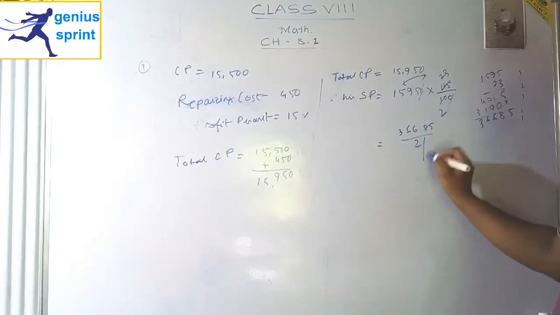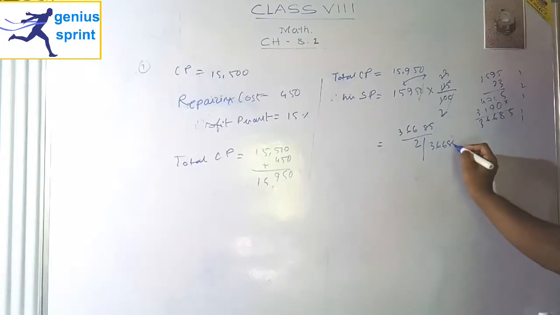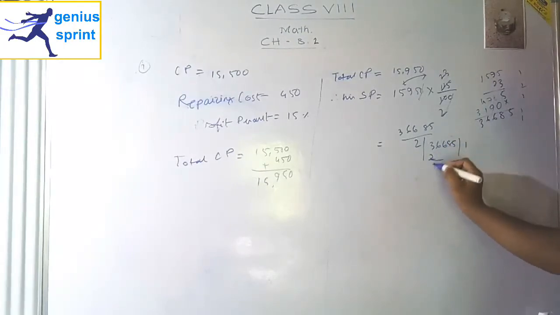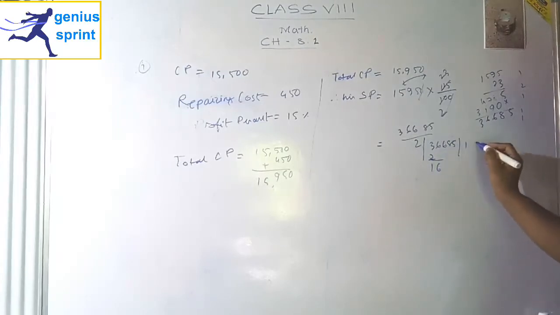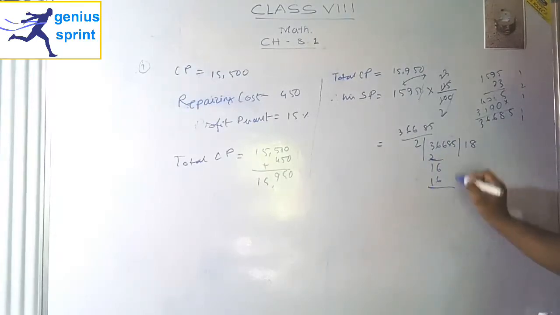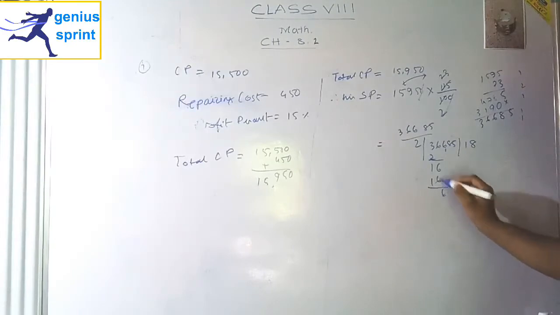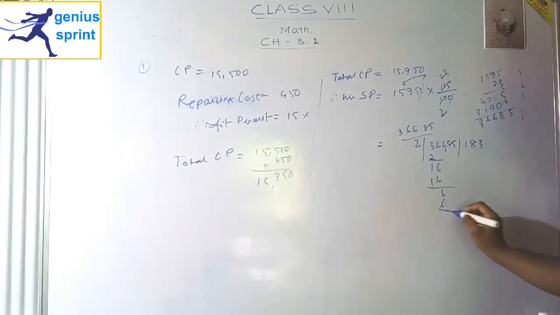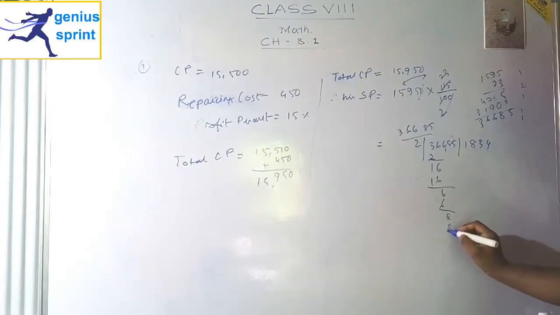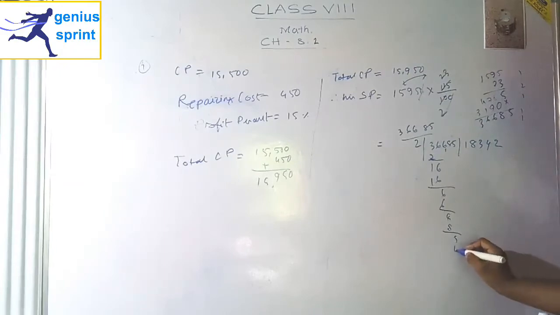That means if I multiply these two numbers, I will get this upon 2. So if I divide 36685 by 2 again, you will get how much? 2 1s are 2, then 6, 8 2s are 16, then 6, 2 3s are 6, again 8, 2 4s are 8, again 5, so 2 2s are 4, and subtract these numbers, you will get 1.